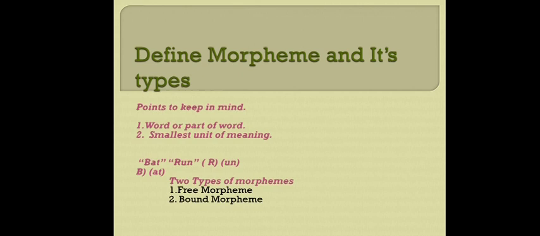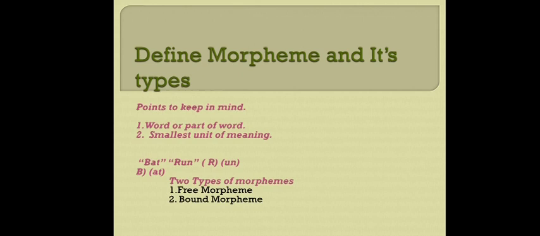So re and turn. So there are two morphemes. One is re and the other is turn. So turn is a free morpheme and re is a bound morpheme. So re cannot give meaning itself if it is not attached to a free morpheme.